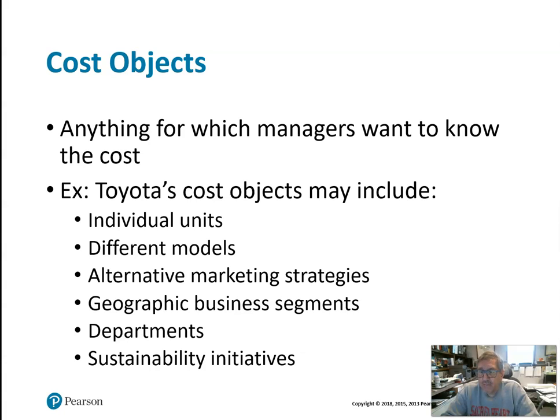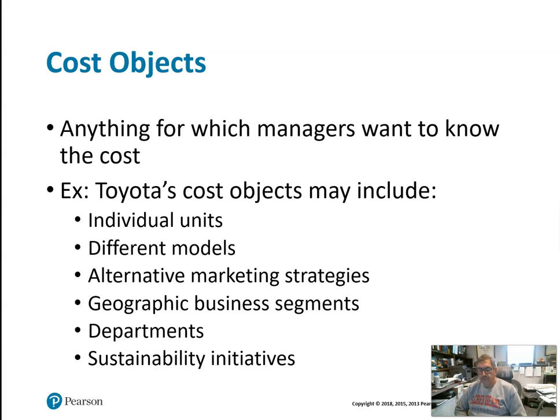So if you are a manager inside of Toyota, you could analyze costs in a number of different ways. You could want to know what the cost of building an individual car might be. Just give me the total cost to produce a Toyota Camry from start to finish. What is the total cost structure of producing that car? How many raw materials do I need?